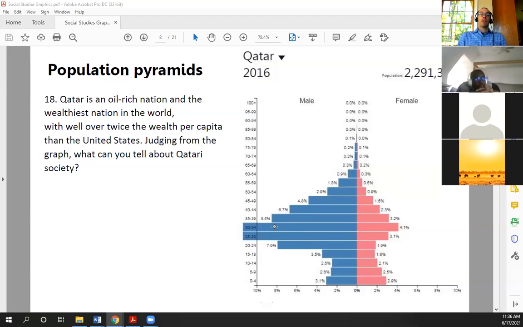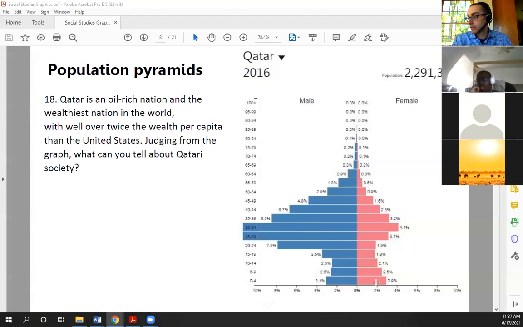A lot of oil is going to take two types of people: the really rich people who own the oil companies, and the fairly poor workers, laborers who are working the oil fields. Apparently, from this chart, a lot of those people are men, right? Young, healthy men who are either working on the financial side or working on the labor side. One way or the other, it looks like Qatari society is very heavy in men.